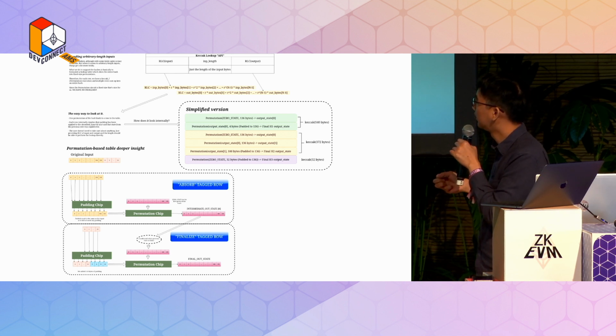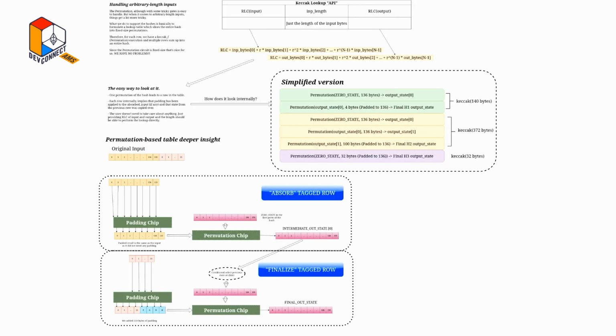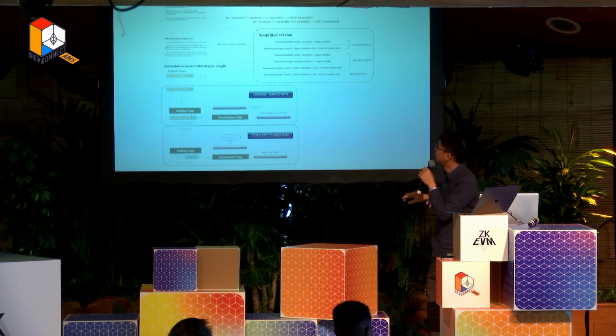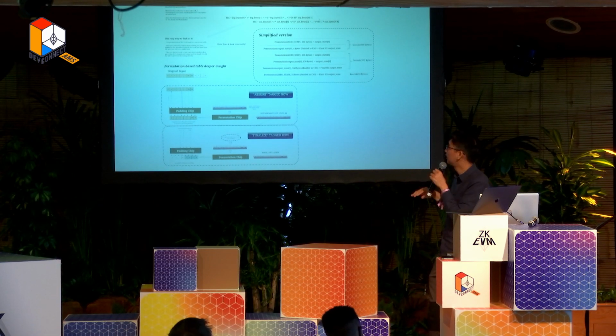If, for example, the first hashing job has 140 bytes, you need 2 Keccak-f to process that. So you can assign the first state to absorb and the second state to finalize.